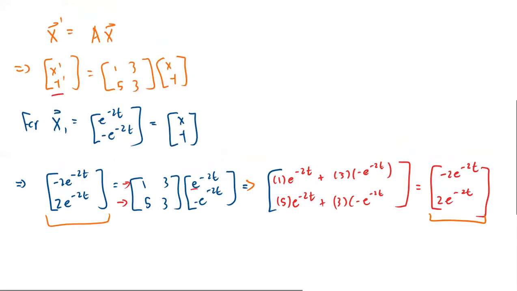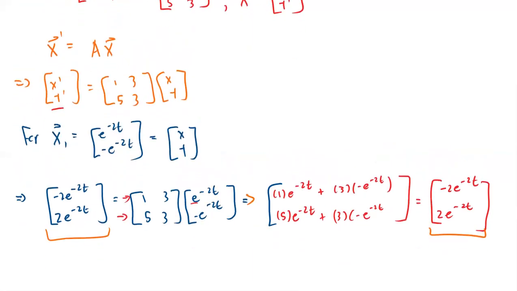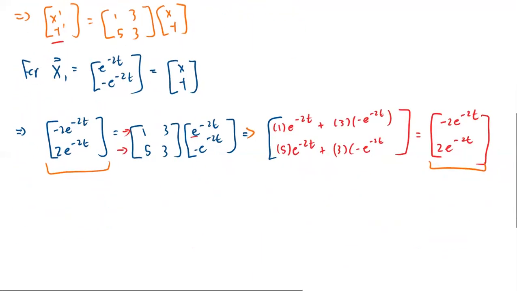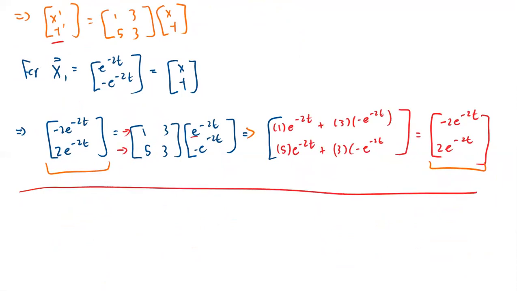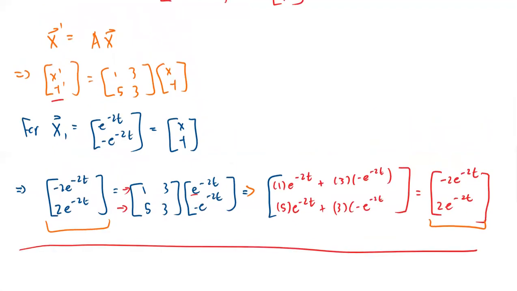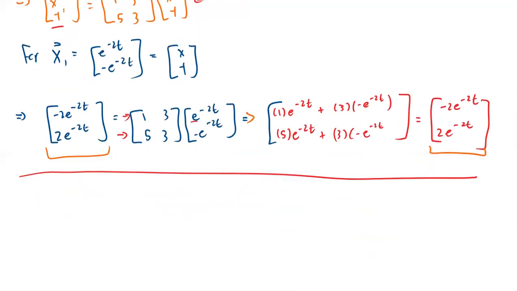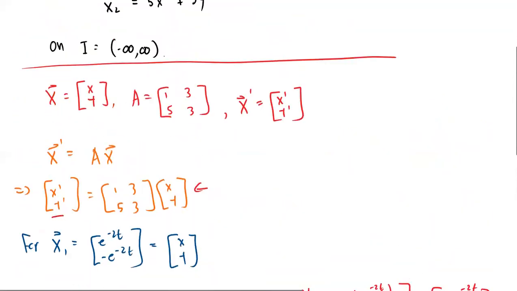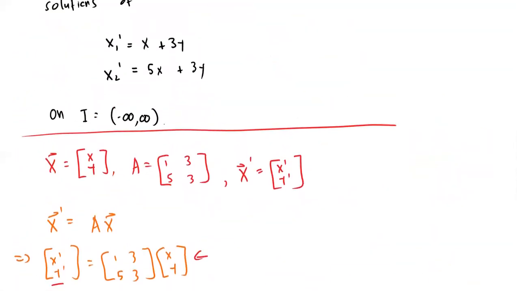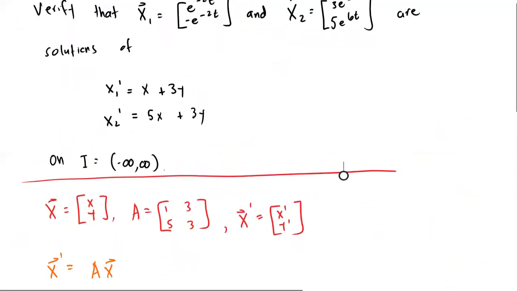Now, for extra practice, let's do the other solution as well. We already set up what the system looks like, so we only have to plug in the vector. In this case, x2 equals 3, 5.